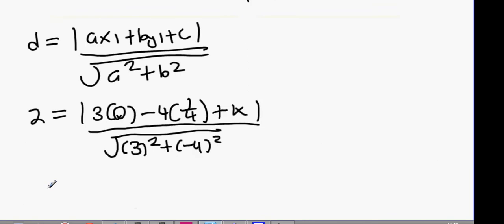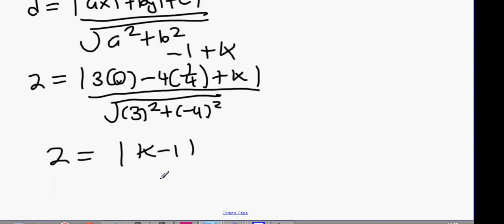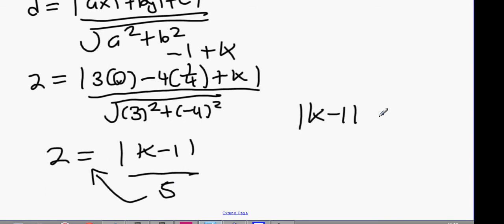What we're going to get here is 2 equals minus 1 plus k, same thing as k minus 1, all over 5. Two ways of doing this. First way is k minus 1 equals 10.